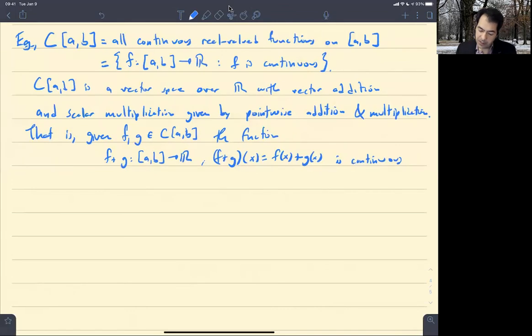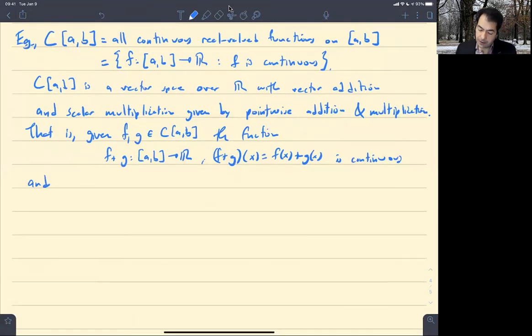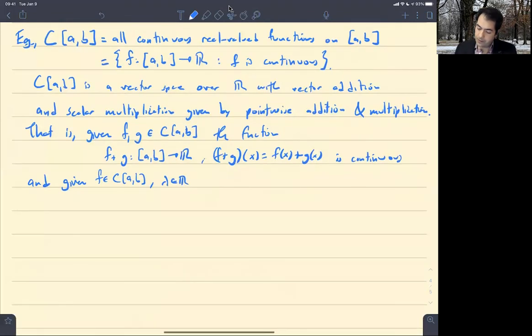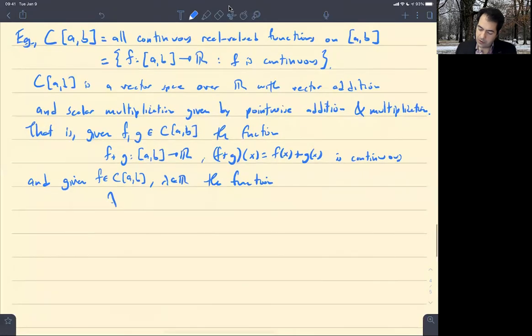And then for scalar multiplication, we're given a vector, which is just a function on [a,b], and a real number, like lambda. Then the function lambda times f, defined on [a,b] to real numbers, which to a point x assigns the number lambda f of x.